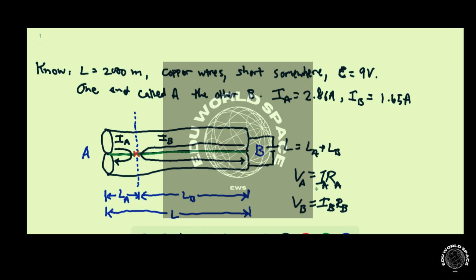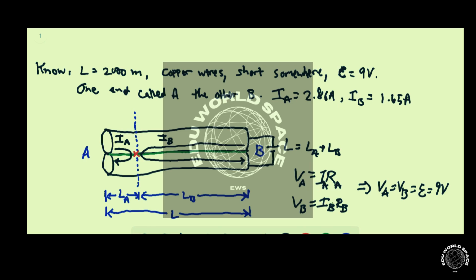So VA and VB are equal to each other. VA is equal to VB, which is equal to your EMF, the 9 volts, because we're putting the battery there and we neglect any kind of internal resistance. So the thing that's causing the change in the current now is the resistance of the wire, which depends on the length of the wire because it's the same type of wire, but the length is changing, so the resistance in the wire is changing.